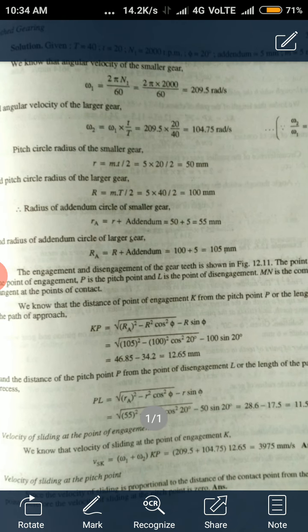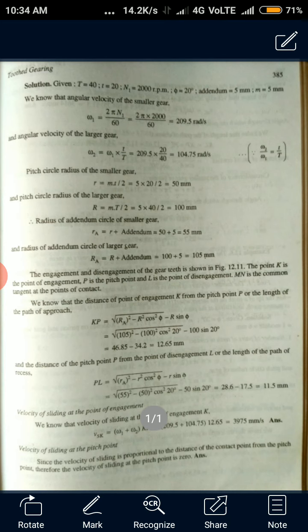Similarly, for the sliding velocity at the pitch point, the velocity of sliding is proportional to the distance of the contact point from the pitch point. At the pitch point, that distance is 0. So that's why you can say that always at the pitch point the velocity of sliding is 0. That you can write as a comment.